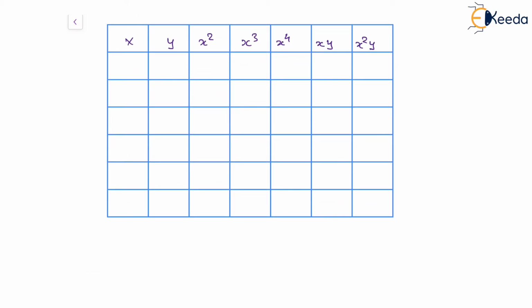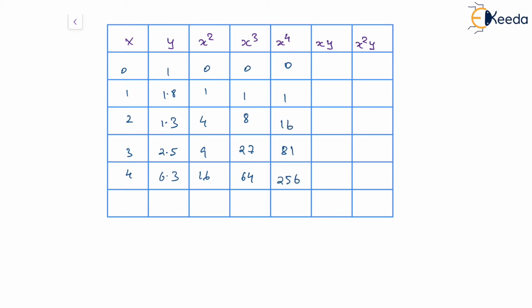With the data given, x as 0, 1, 2, 3 and 4, and y as 1, 1.8, 1.3, 2.5 and 6.3, the x square value will be 0, 1, 4, 9 and 16. The x cube value will be 0, 1, 8, 27 and 64. X to the power of 4 will be 0, 1, 16, 81 and 256.